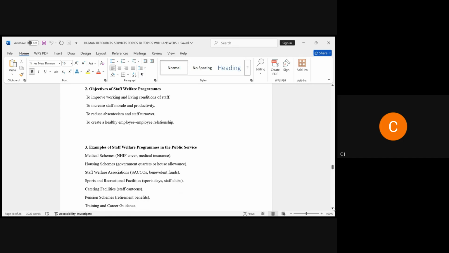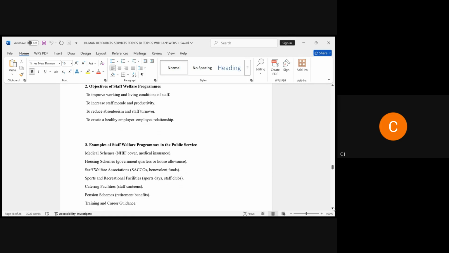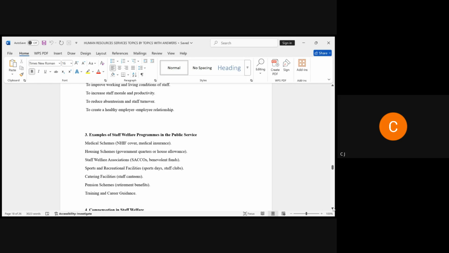These are examples of staff welfare programs in the public service. We have medical schemes, housing schemes, staff welfare association, sports and recreational facilities, catering facilities, pension scheme, training and career guidance.